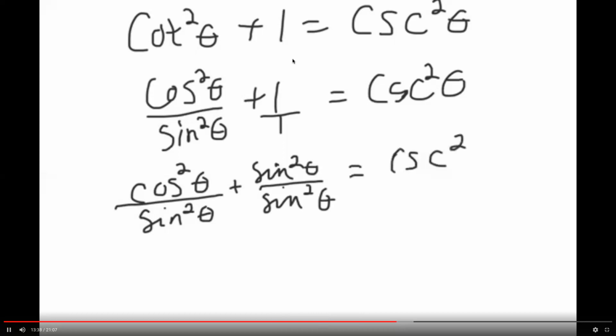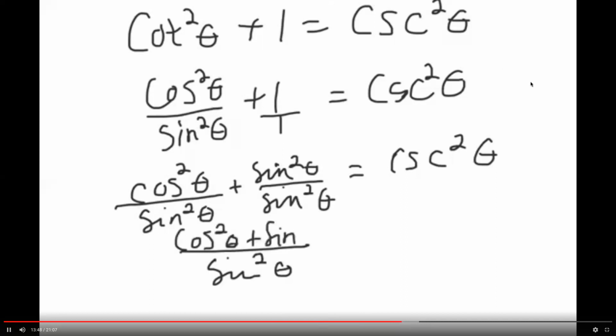So when we do this, what are we going to end up with? The denominator is sine squared theta. And in the numerator, we're going to end up with cosine squared theta plus sine squared theta. Okay, guys? When you are doing this, keep in mind, you are using information you've used previously. So right here, what do you notice in the numerator?